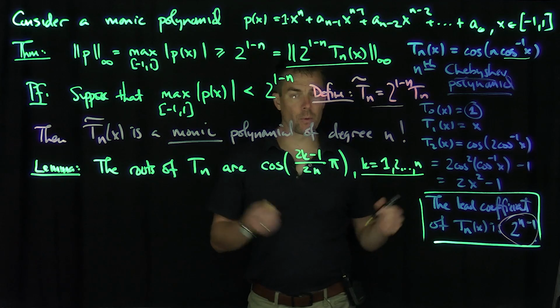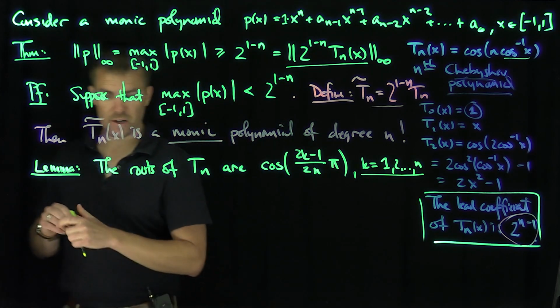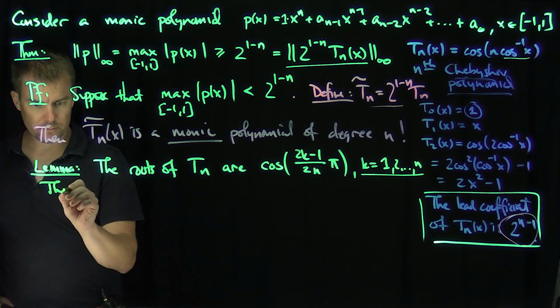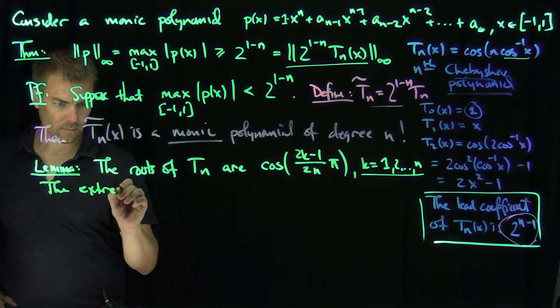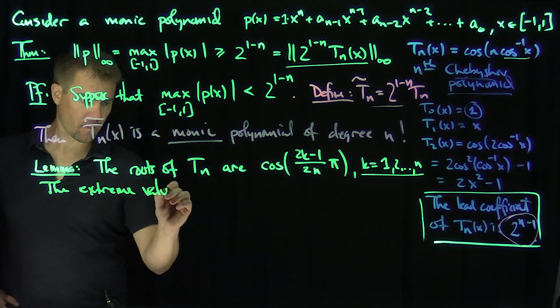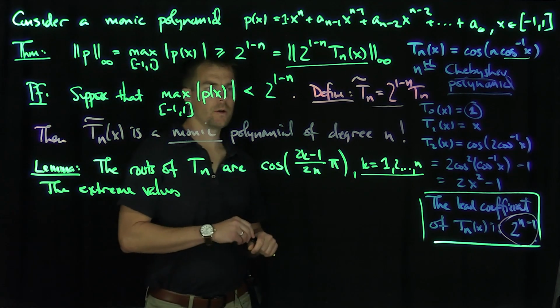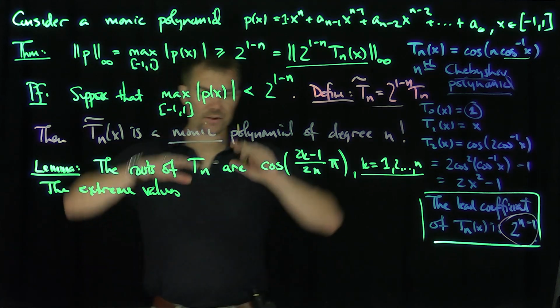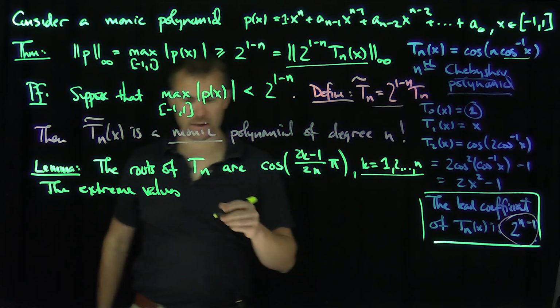And so now what can we say? Well, we can say something about the extreme values of the polynomial. The extreme values of the polynomial occur where? Well, it's actually going to occur at both endpoints too. We can check that easily.